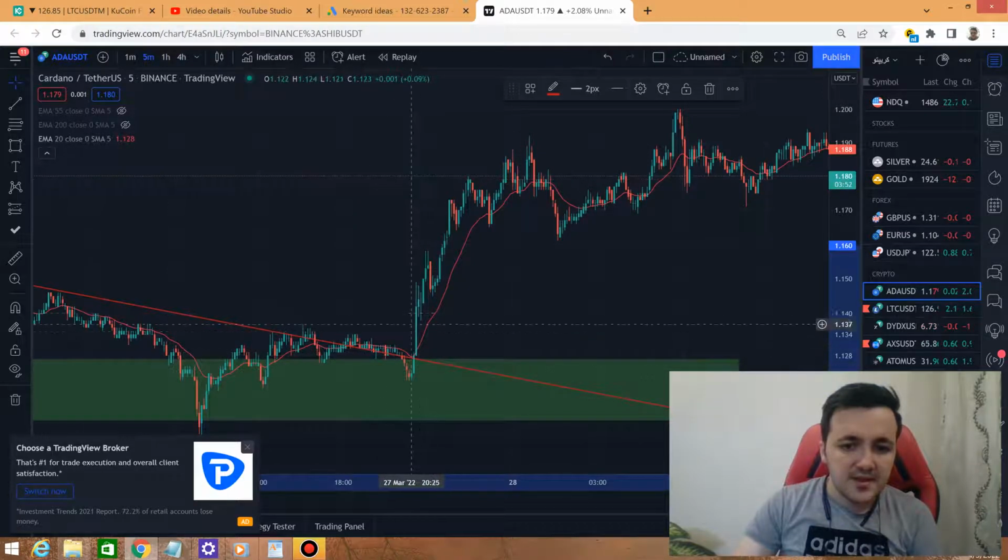This candle is very good, and we can enter here and put a stop loss down from this candle or this candle.